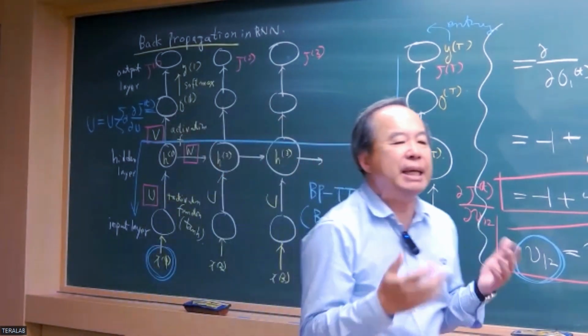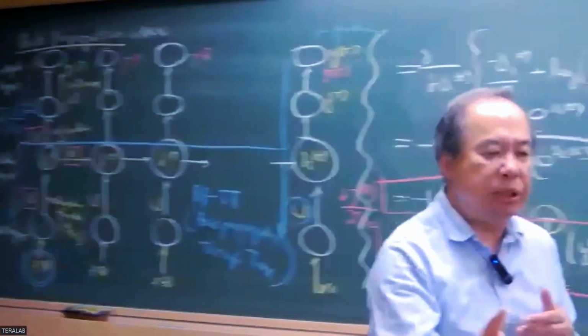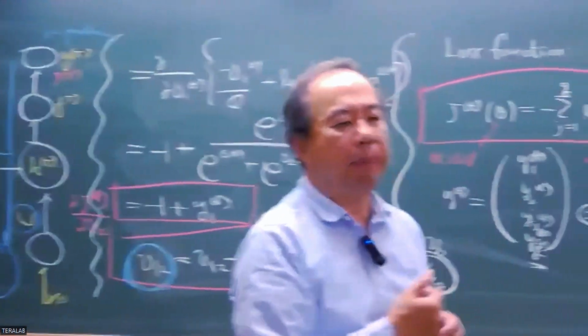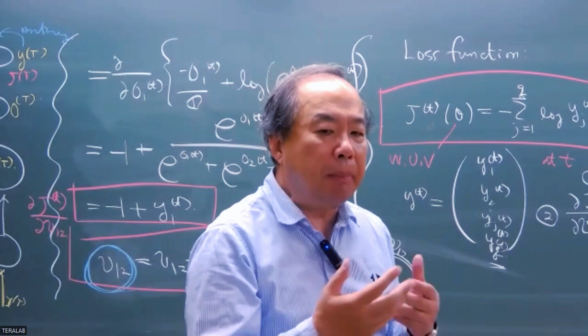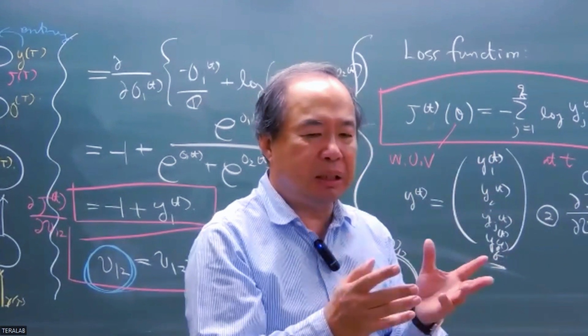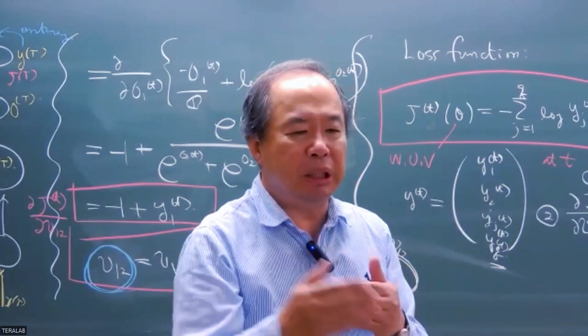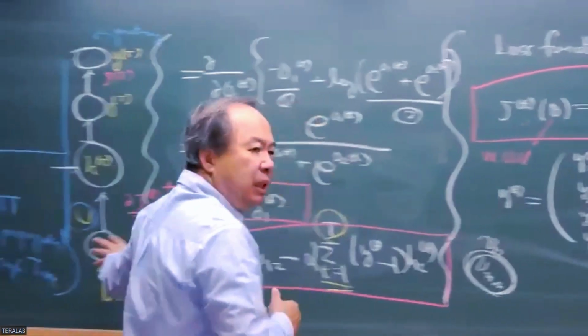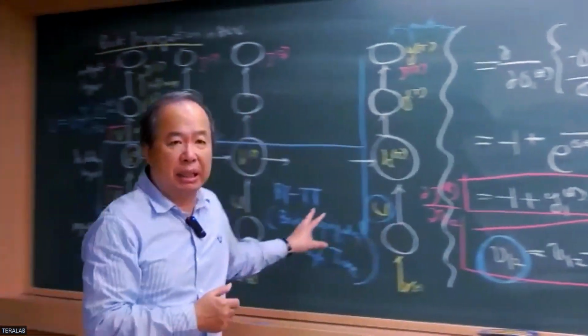This means it takes time. Usually backpropagation means the gradient descent, but we have to do it in each time step. That is the really killing disadvantage of this RNN.